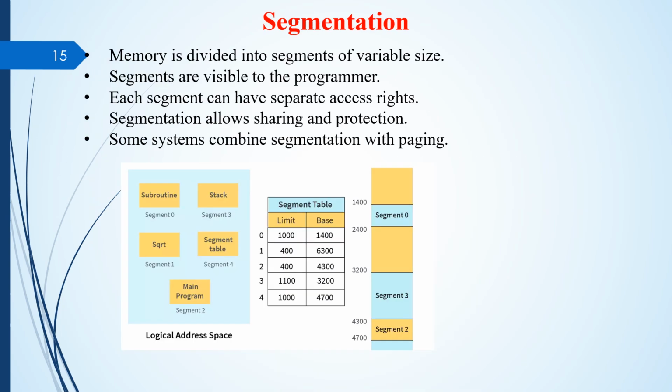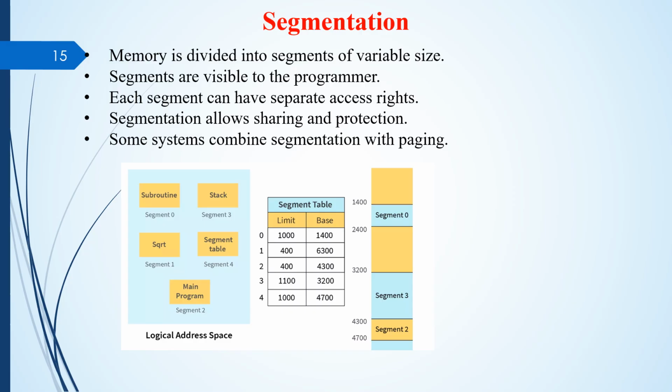Last method is segmentation. Segmentation is a way of dividing memory into variable size blocks called segments. Unlike paging, segments are visible to the programmer and make it easier to organize program and data.